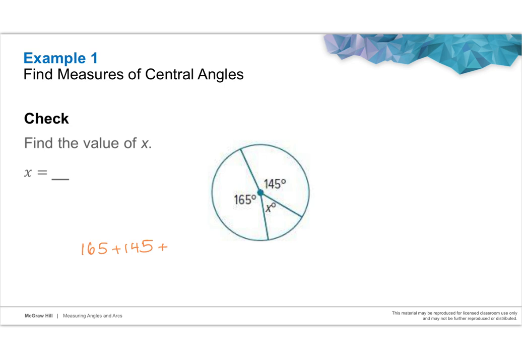So we can set up an equation and solve for that missing variable. With adding like terms and then subtracting, we should get that x is 50 degrees.